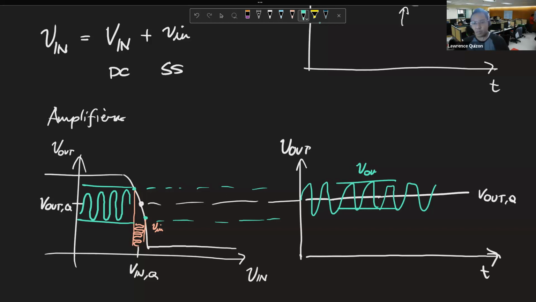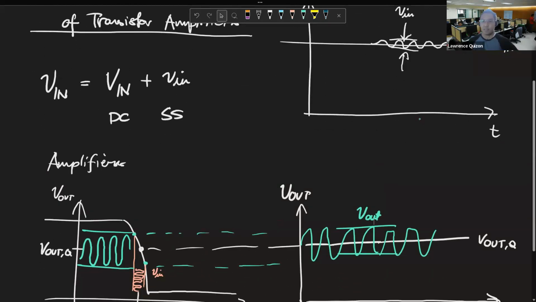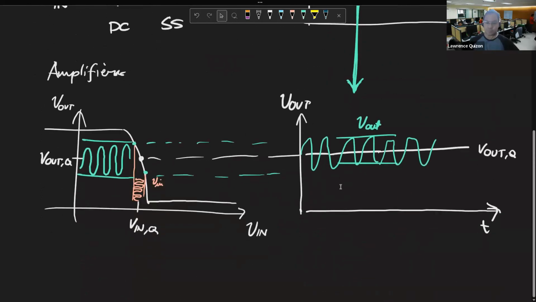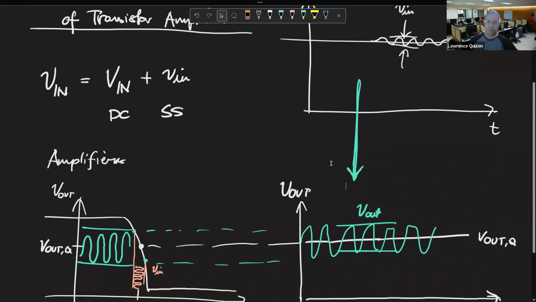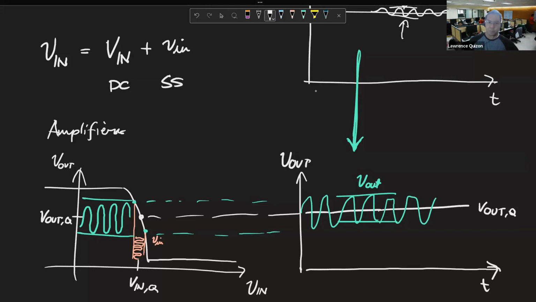Small v, small out. It's the small signal portion of V out, no? It has amplified the small signal part of V in. And that's what we use amplifiers for, no? So, yeah, that's the entire concept of what we're doing, no?